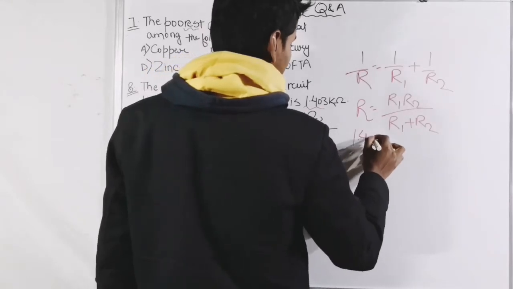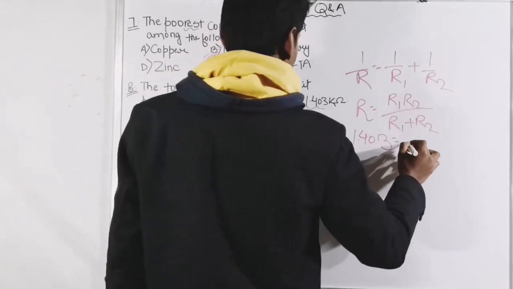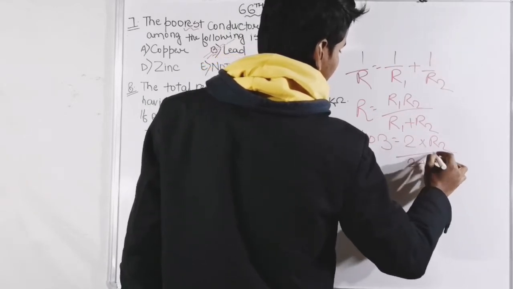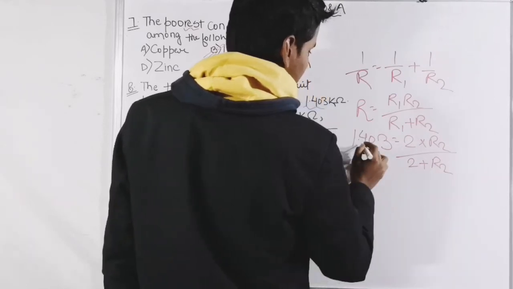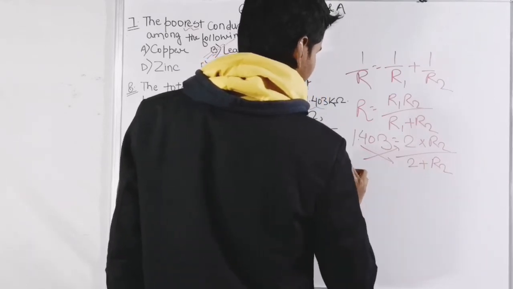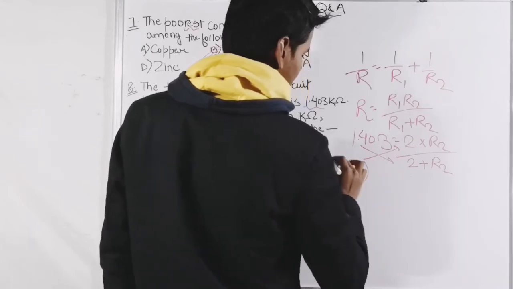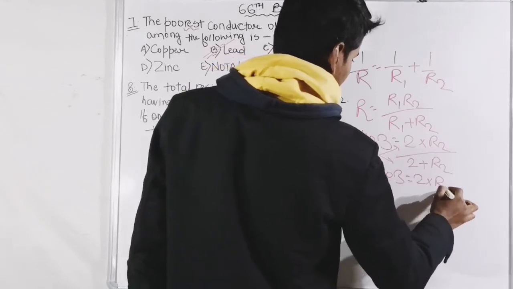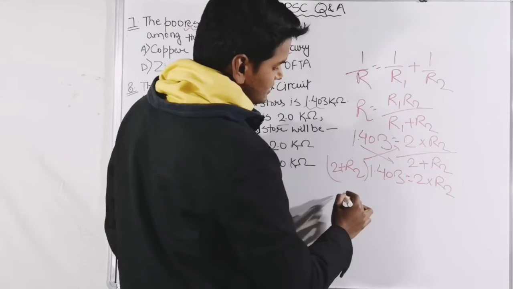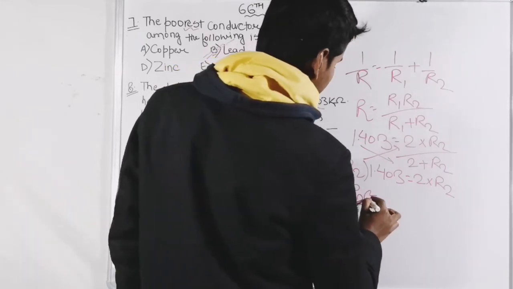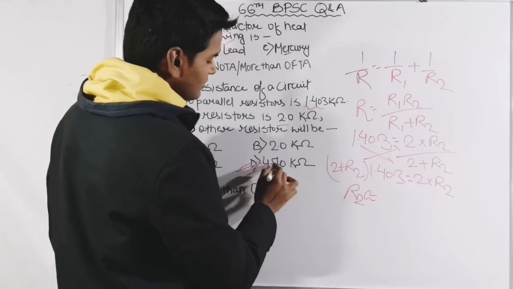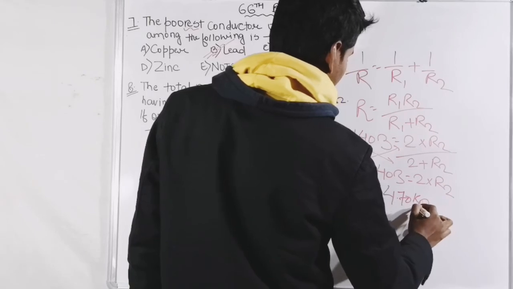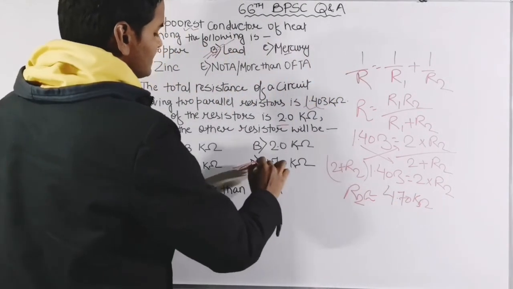So R is 1.403, R1 we have 2, R2 we don't know. We do the cross multiplication here, 1.403 times (2 plus R2) is 2 into R2. When you solve this equation, you will get R2 equal to 4.70 kilo ohm. So the answer of this question is this.